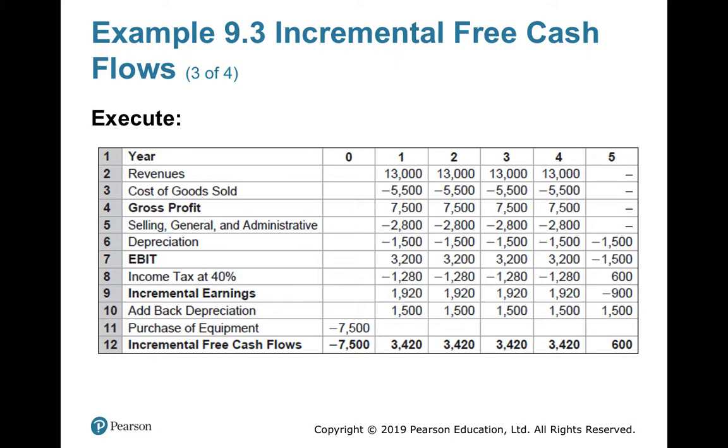In year 5, the income tax will be plus 600,000. We have discussed in earlier chapters also, profit and tax always have an opposite relationship. Whenever there is a positive profit, tax will be negative. Whenever there is a negative profit, which means a loss in the Excel sheet, there will be a plus in the income tax.